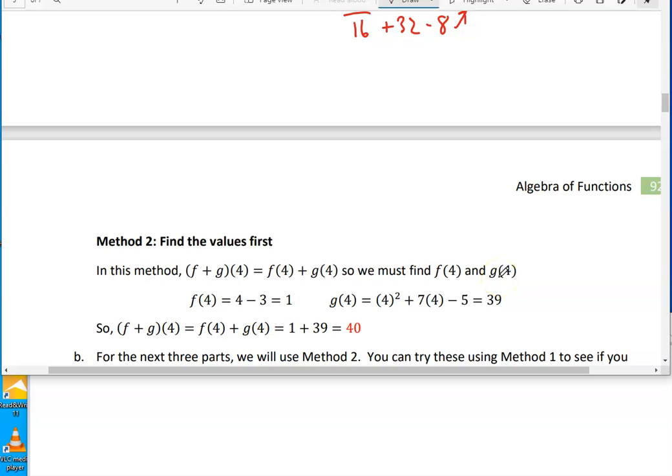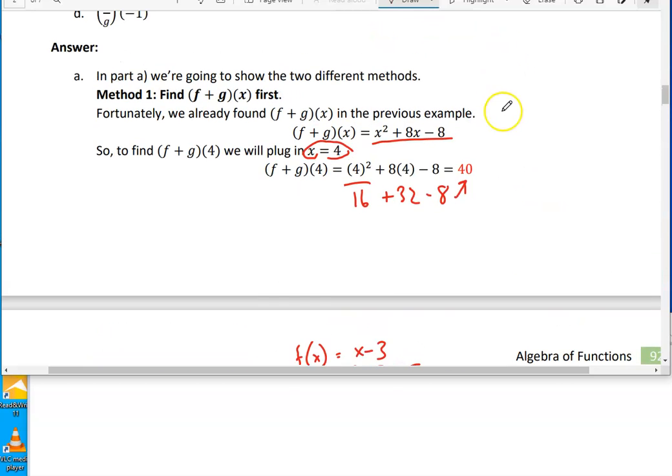Remember, f of x is x minus 3, and g of x is x squared plus 7x minus 5. Well, f of 4, they show you there, is x minus 3, 4 minus 3, that gives me the 1. g of 4 is x squared plus 7x minus 5, that gives me 39. And add them together, 39 plus 1 gives me 40.